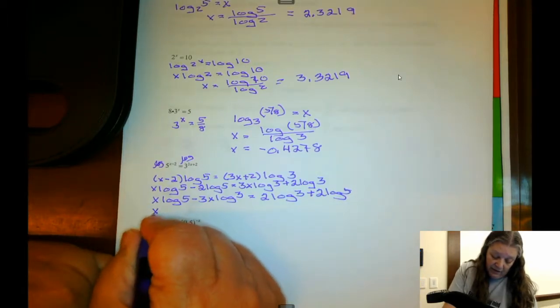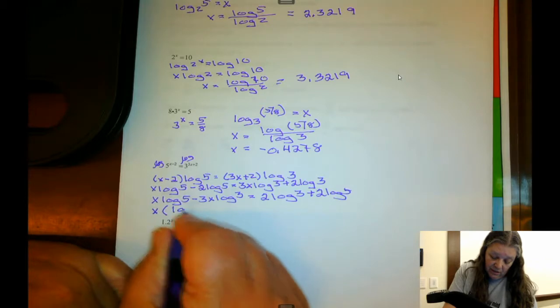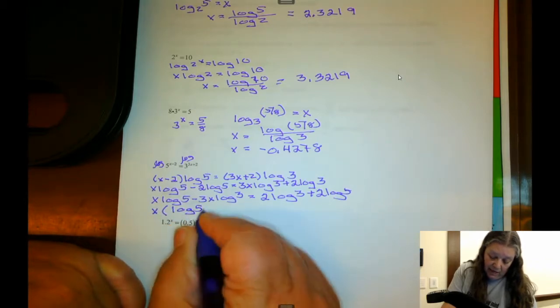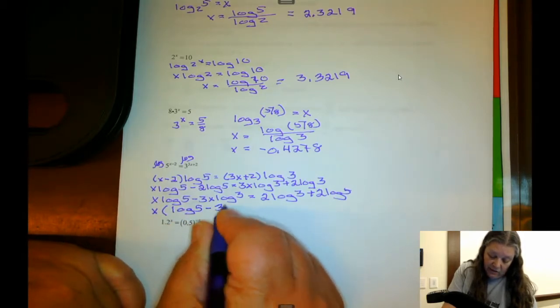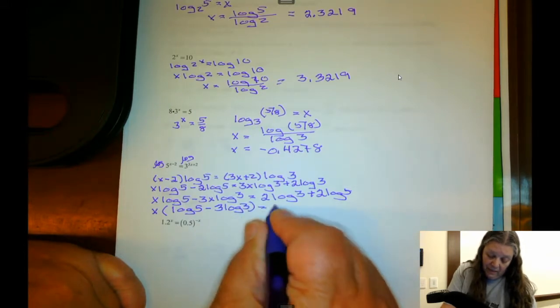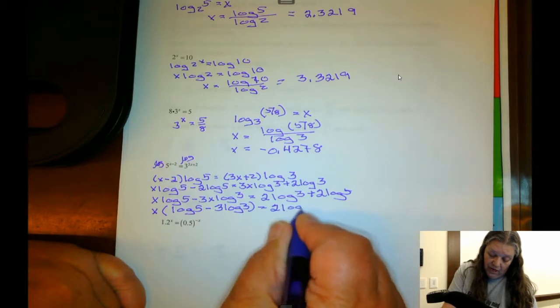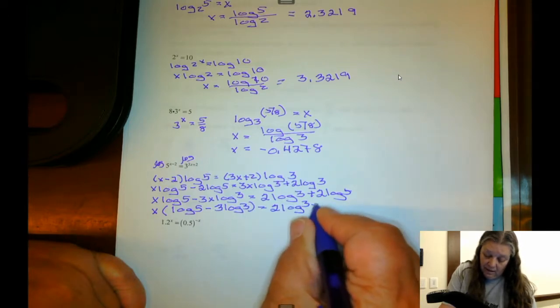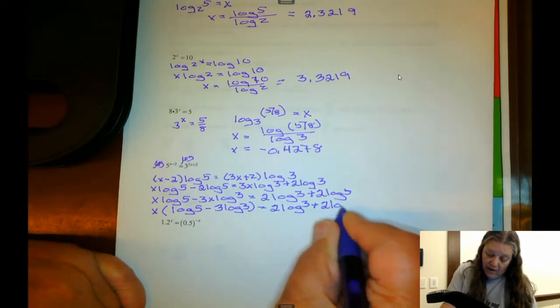We need to factor out an x. So x times (log 5 minus 3 log 3) equals 2 log 3 plus 2 log 5.